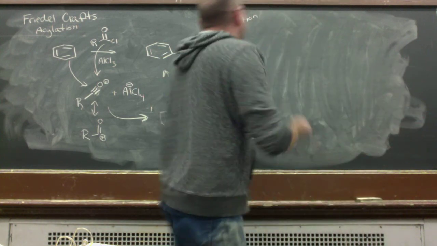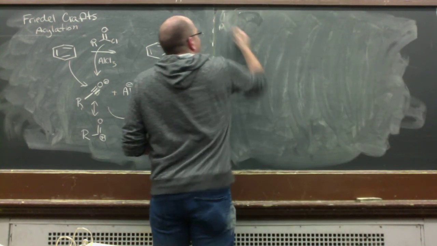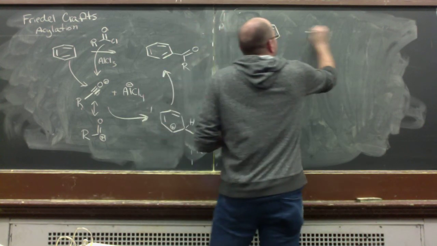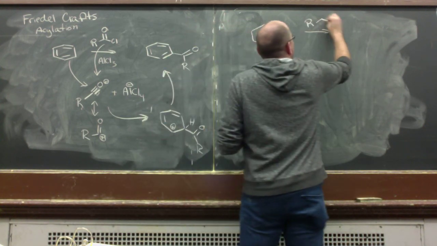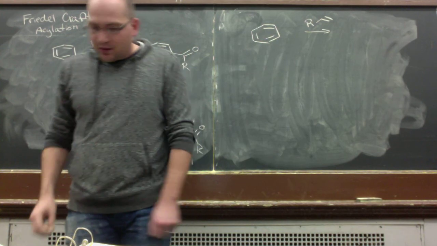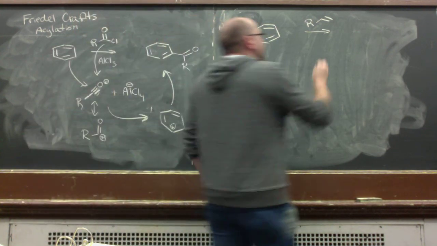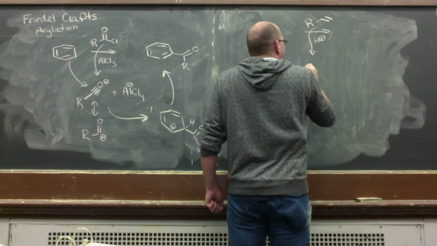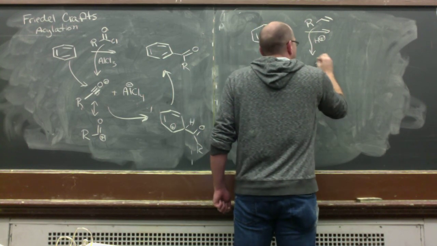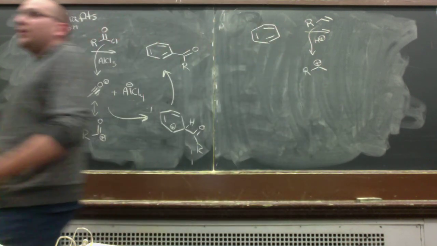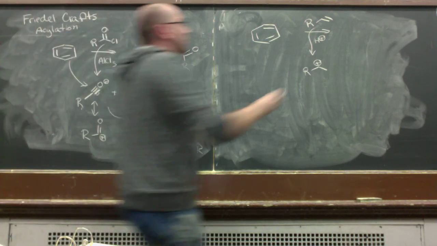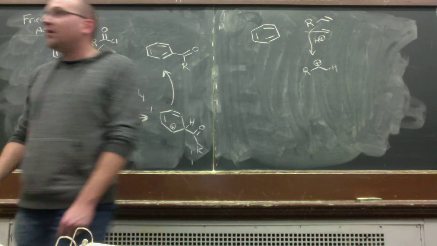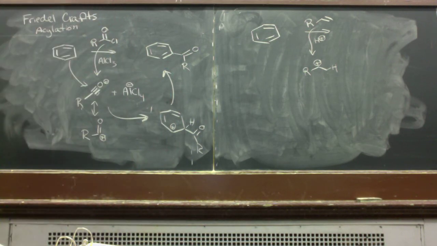And so I just wanted to stop here. The other way that you can do this is to take, say, an alkene, and you're under really acidic conditions, right? You can generate that cation. So this is just another way to get entry into these types of systems.